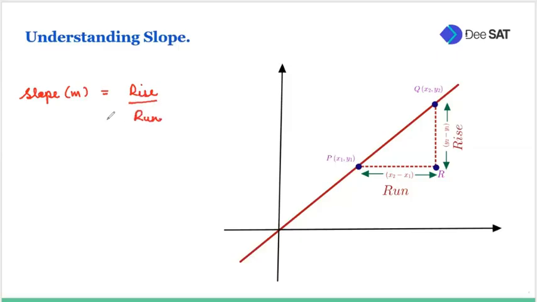When I say rise, it is nothing but y2 minus y1. When I say run, it is nothing but x2 minus x1. So slope is basically (y2 minus y1) upon (x2 minus x1). It is also called change in y over change in x.